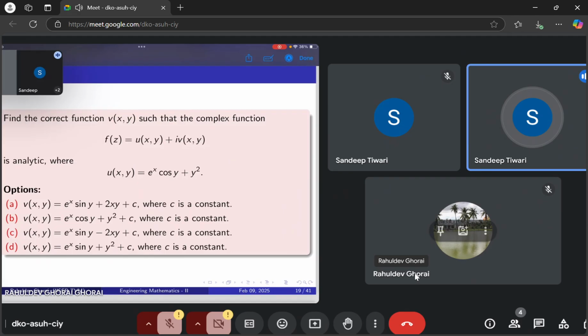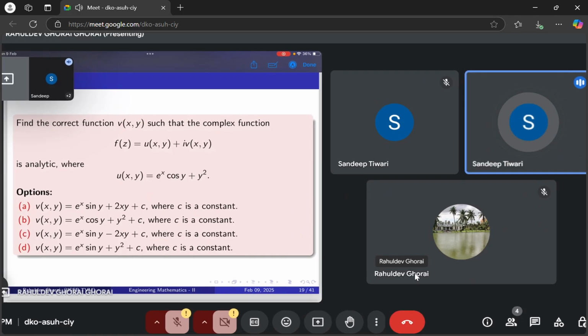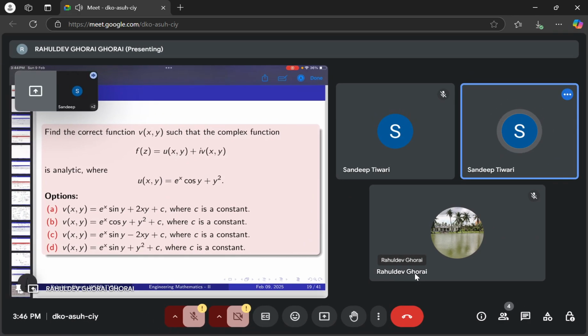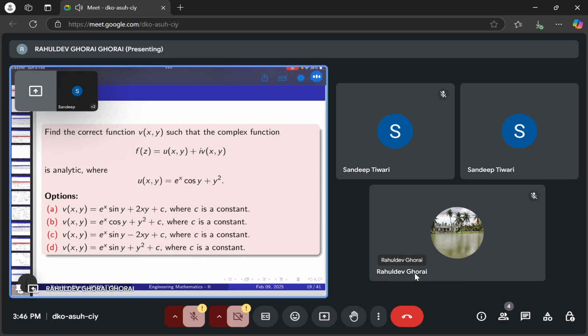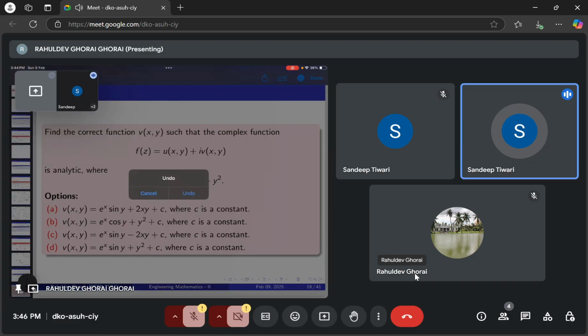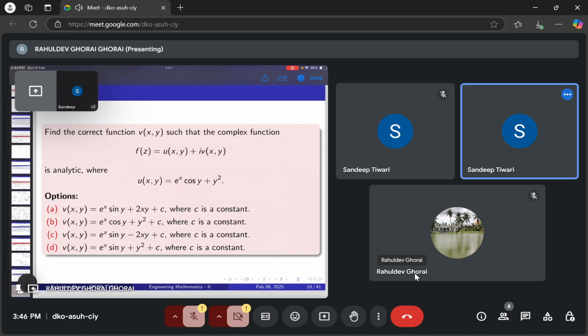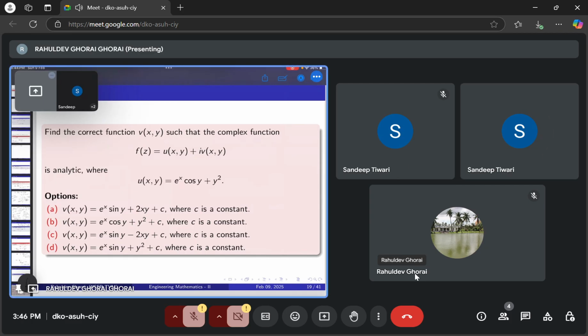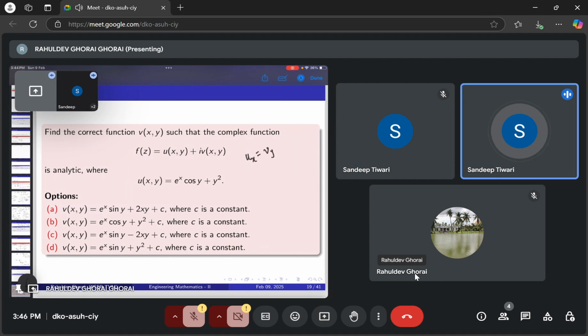Sir, I think there is some mistake in your options, sir. Why? Sir, CR equations must be satisfied. So Ux is equal to Vy, sir. Ux should be e to the power x cos y.